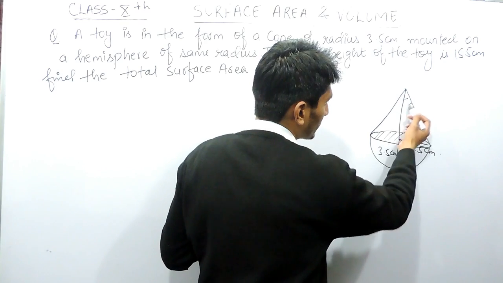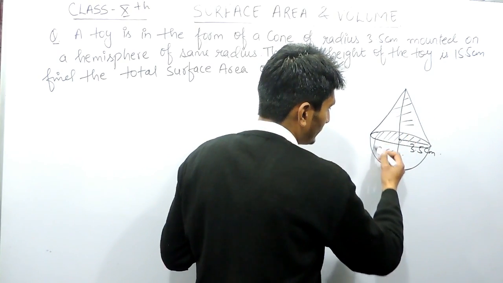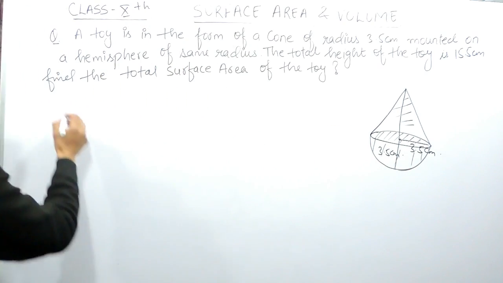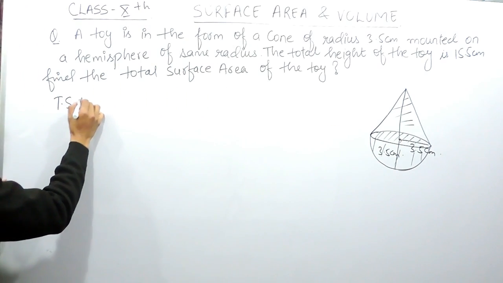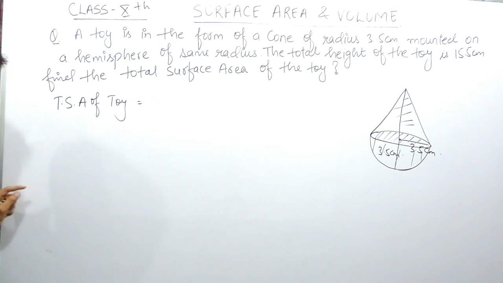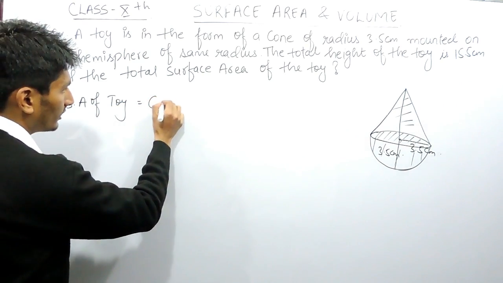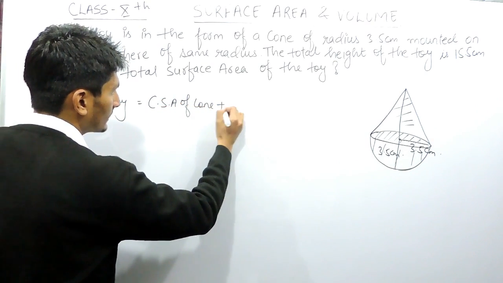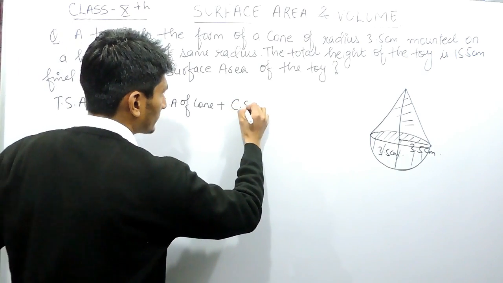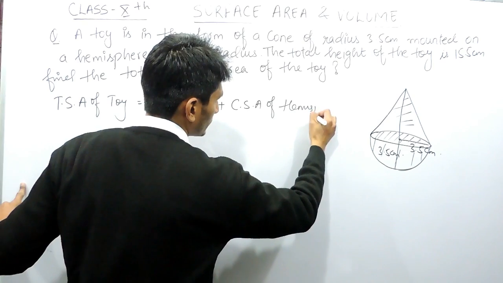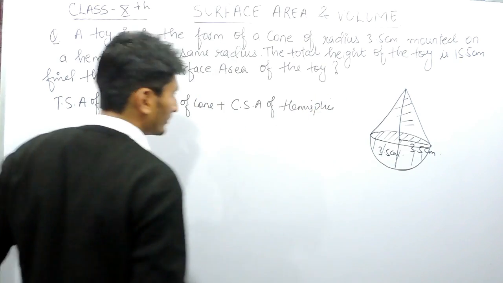Only this curved surface area and this curved surface area is visible to you. So if you want to find the total surface area of this toy, the formula will become the curved surface area of cone plus the curved surface area of hemisphere. So this will be the formula.